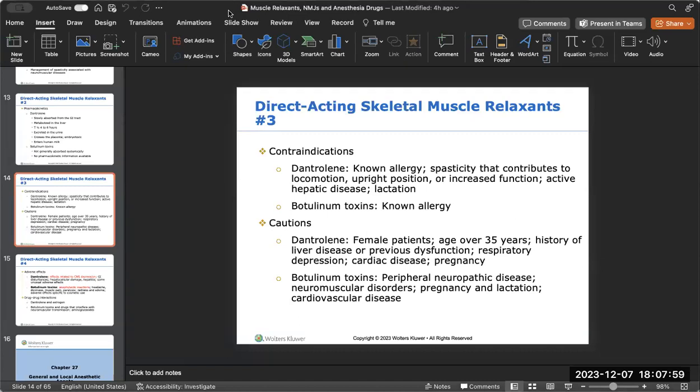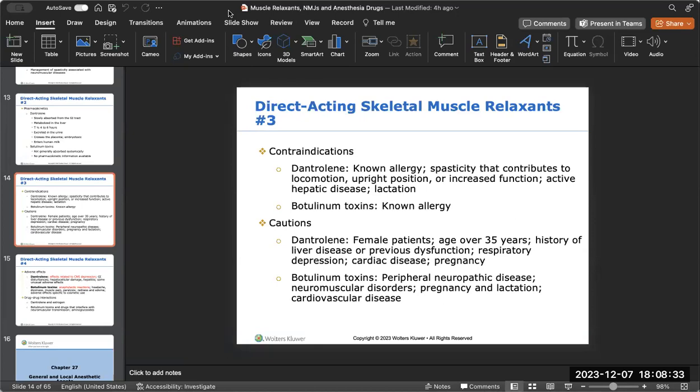Because you're going to see that in the adverse effects, because there is that muscle and nerve play in the tubule, because remember, we have the actin and myosin, and calcium is the electrolyte that controls the muscle contraction. So there is potential CNS depression, and that's why we want to be careful with all these. But with the toxins, you have to watch out with neuropathic disease and certain neuromuscular disorders, because we don't really know how this drug works.